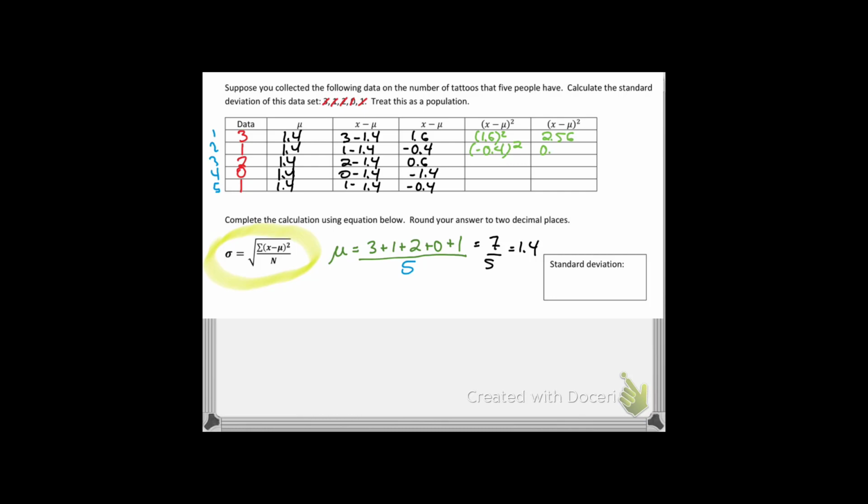So negative 0.4 times negative 0.4 is going to give you positive 0.16. In fact, all of these values are going to become positive because remember, a negative times a negative is a positive number. So be careful. When you square something, if you get any negative numbers, that means that you did something wrong.